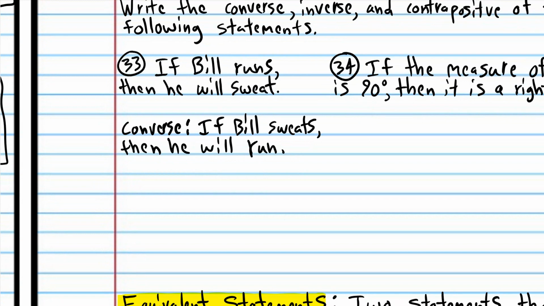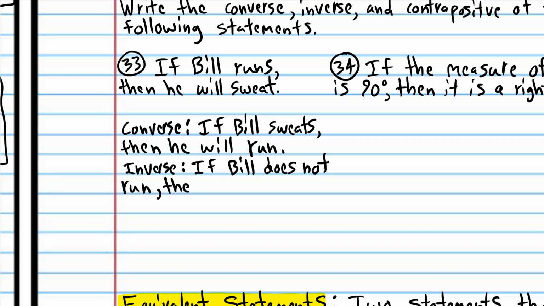And now we're going to do the inverse. We're going to go back to the same order. We're going to switch them back, and we're just going to negate both statements. If Bill does not run, then he will not sweat.